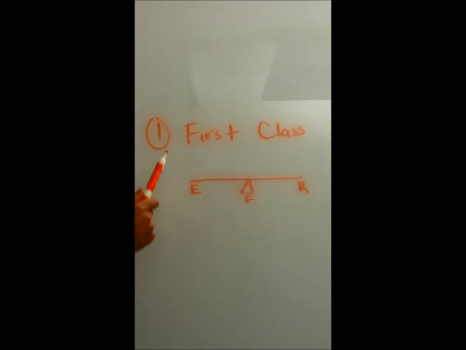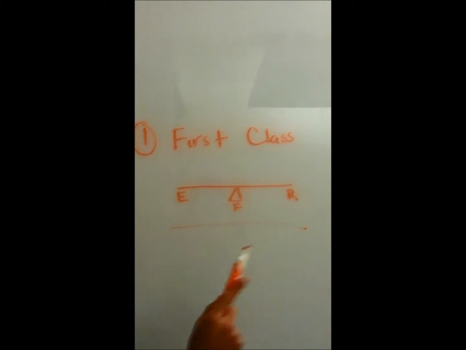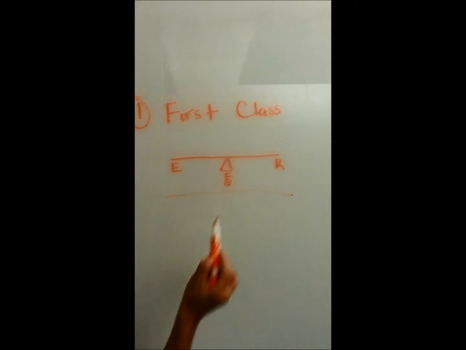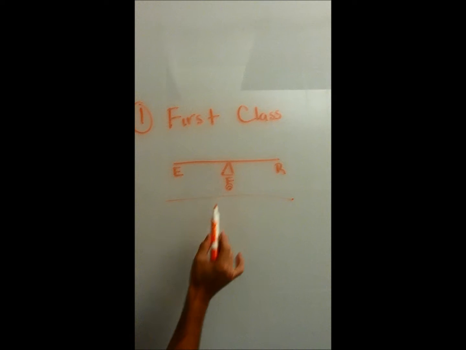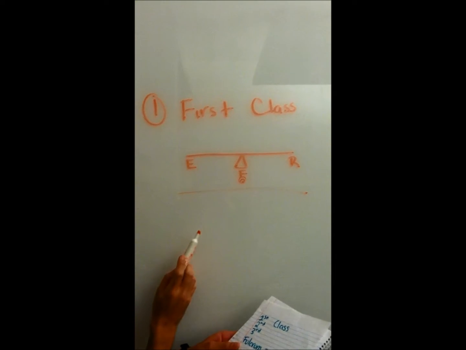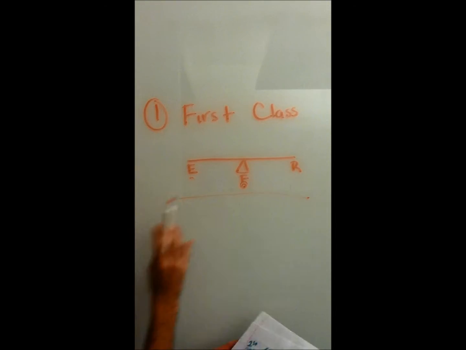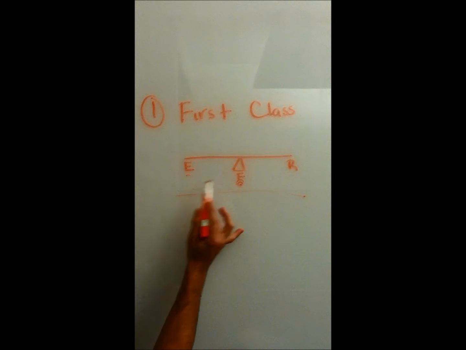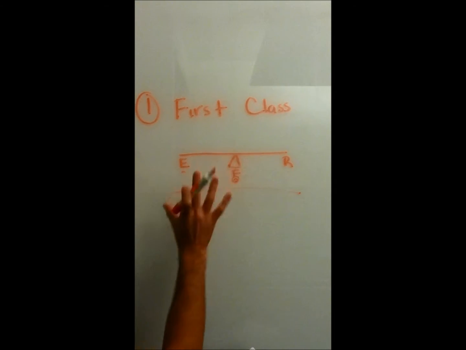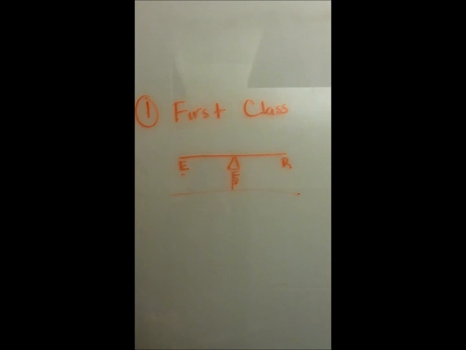There's three different kinds. Our first class lever, I say first class, you say seesaw. That's because our fulcrum, which is our joint, is in the middle. Our load, which is our resistance, is on one side, and our applied force, which is also known as effort, is on the other side, and thus creates this picture of a seesaw where it is in balance with the fulcrum being our joint in the middle.